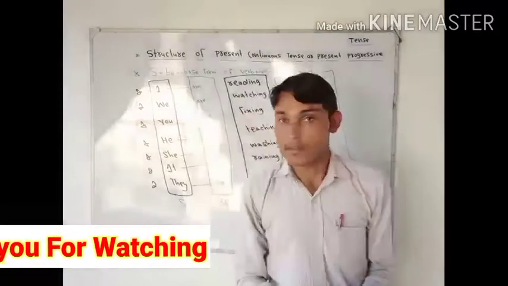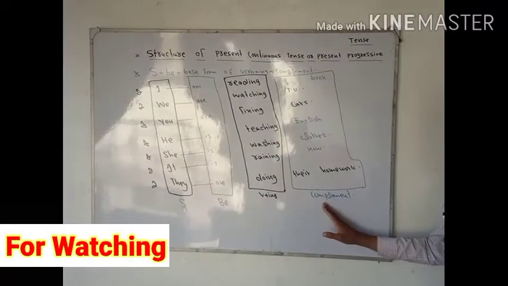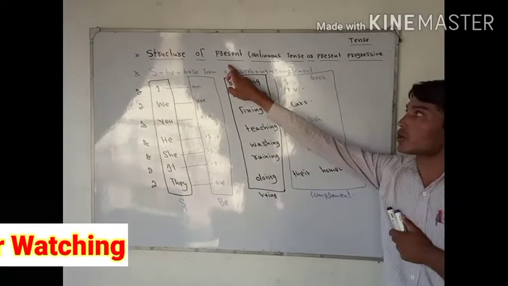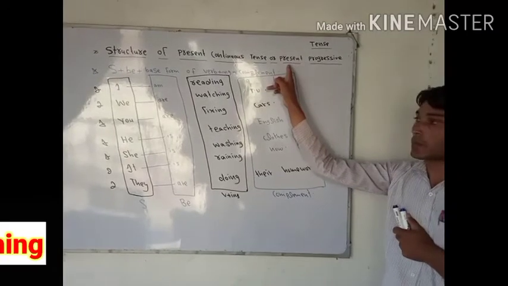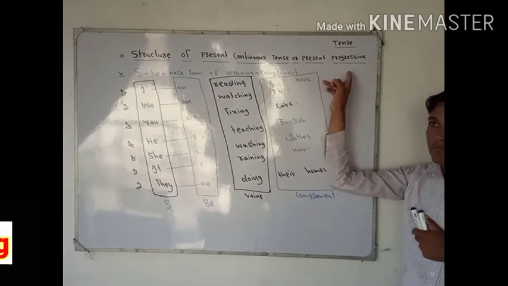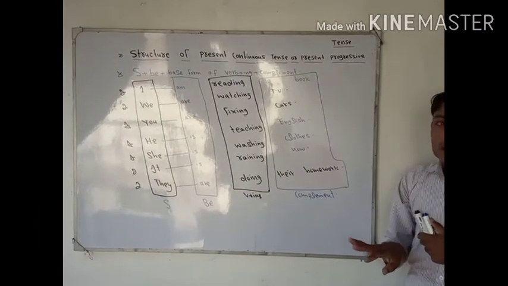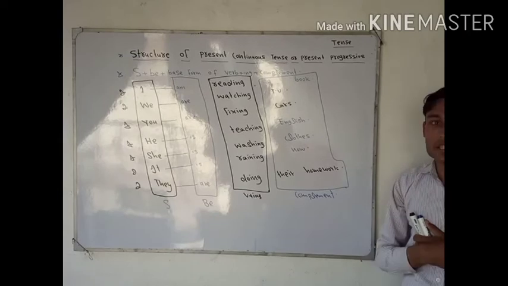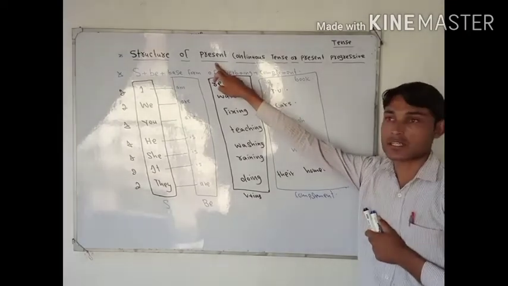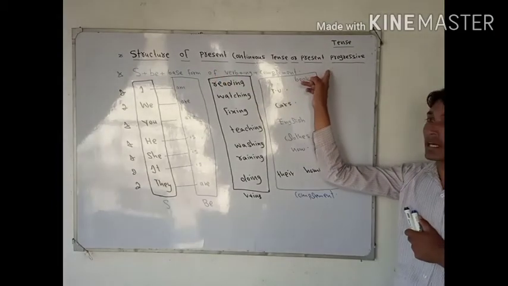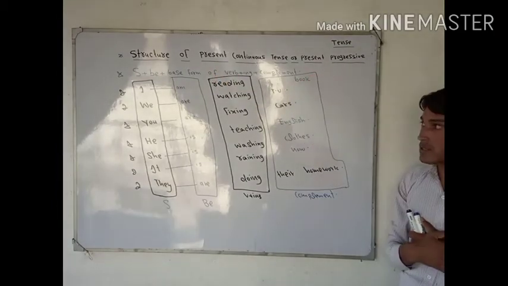So in this video, I have just discussed the structure of present continuous tense, or we can also call it present progressive tense. There is a difference between American and British English: British English calls it present continuous tense, while American calls it present progressive tense.